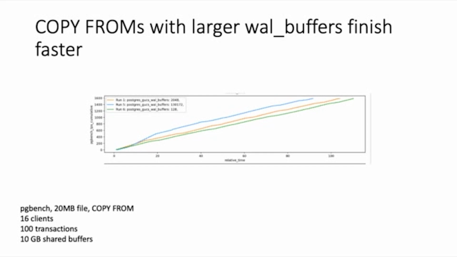Actually, those are the number of buffers, not the size, so I don't know what that translates to. But bigger, medium, and small, let's say. I have 1 gig, 128K, and 2 MB. With the largest setting, with WAL buffers set to 1 gig, the copies finish fastest.